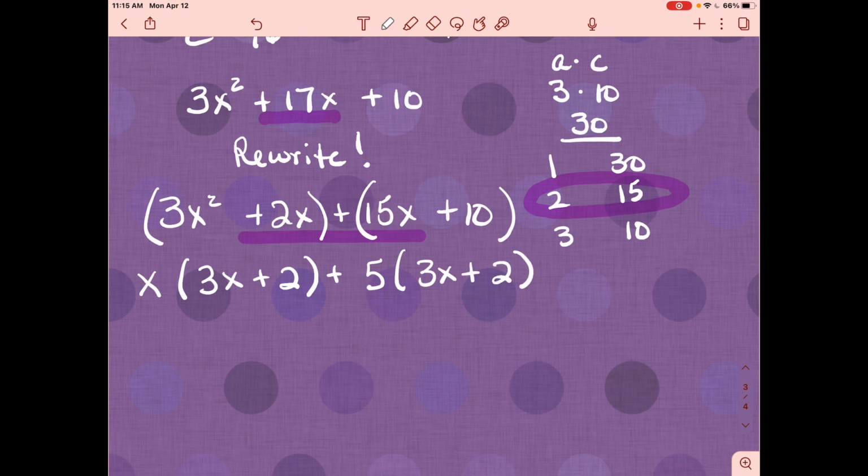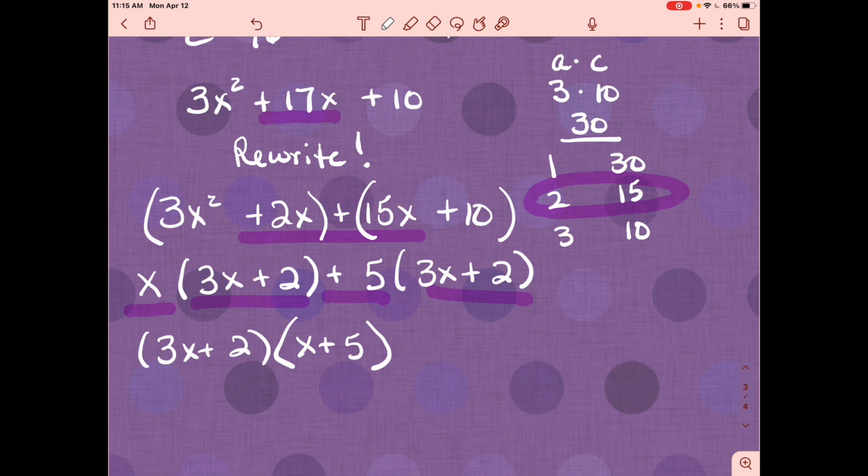Pretty cool. Now we can see that we have a common factor to factor out right there: 3x plus 2. And what's left behind is x plus 5 to put in the other parentheses. We can use the distributive property to check this and see if we are right.